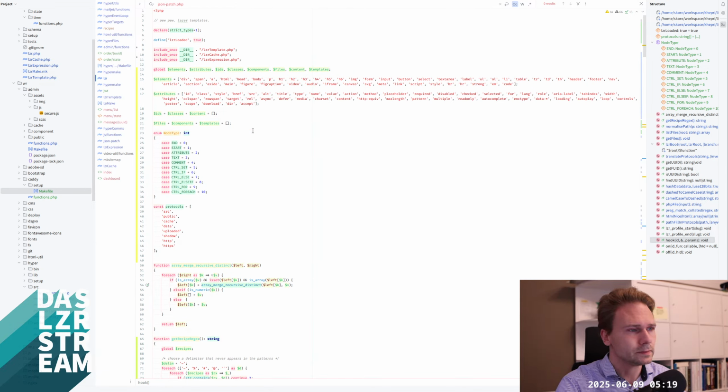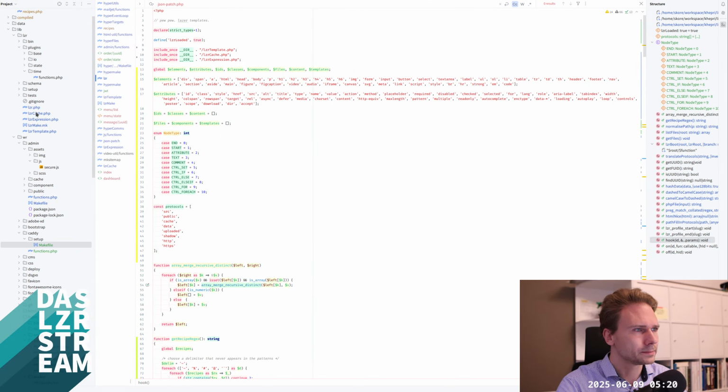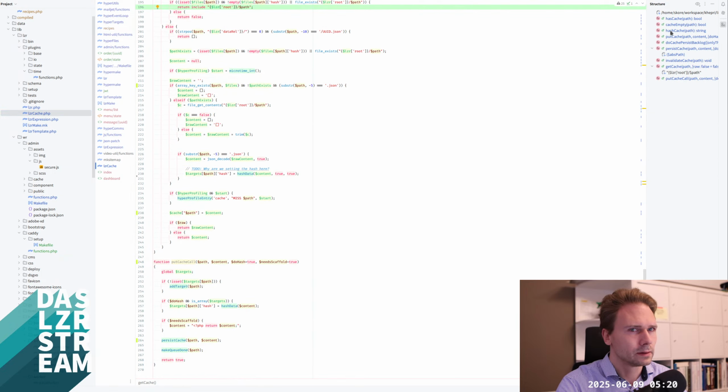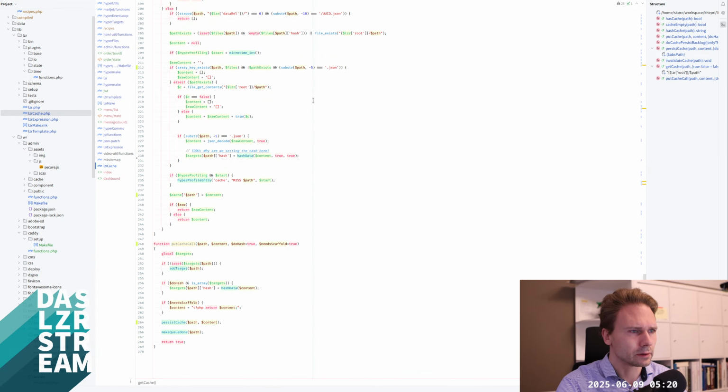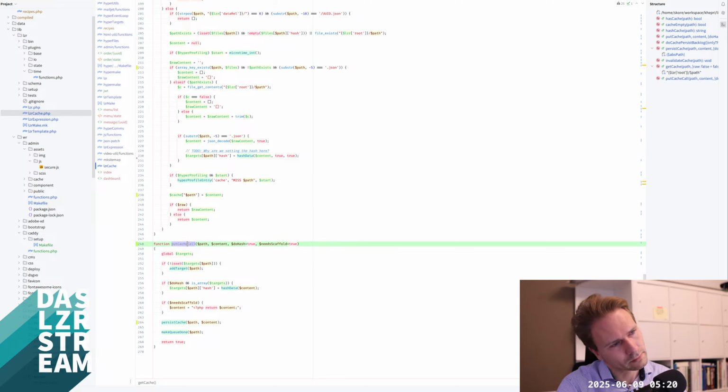There's some bits in the cache that we still can figure out how to make smaller, I think. Like, I think a lot of the cached PHP files won't be necessary.